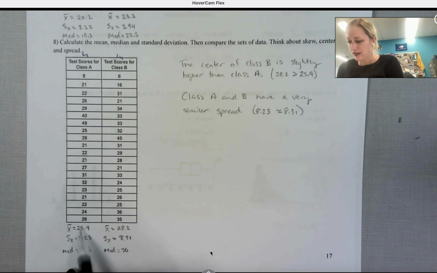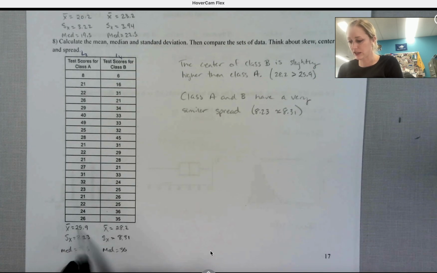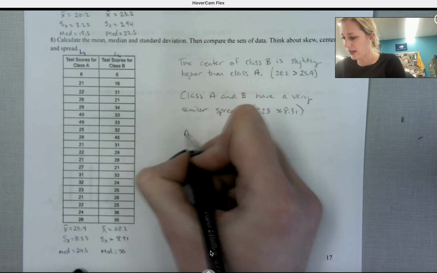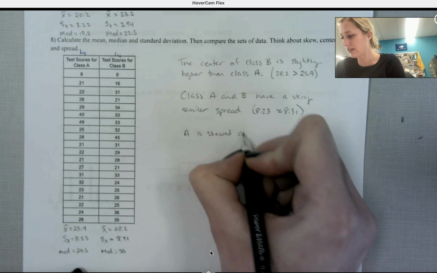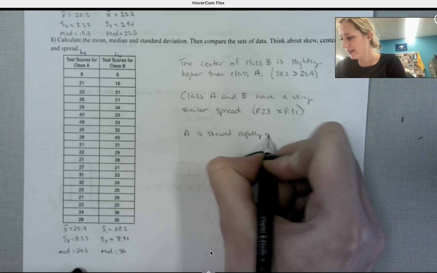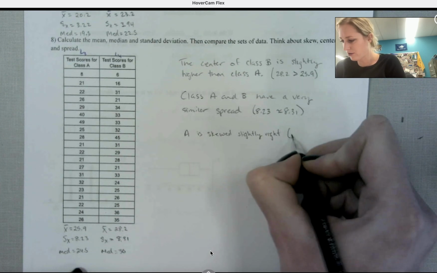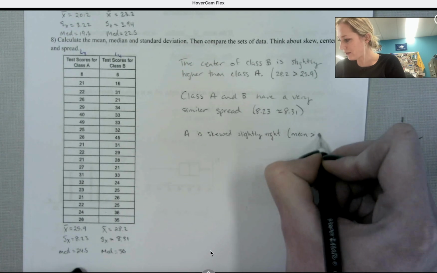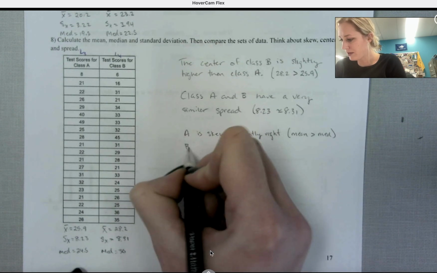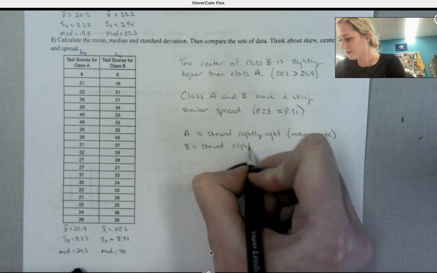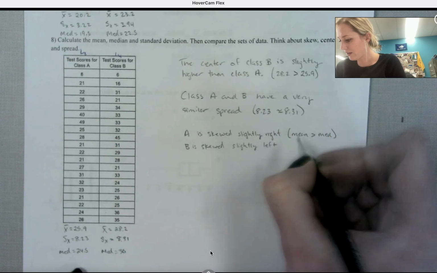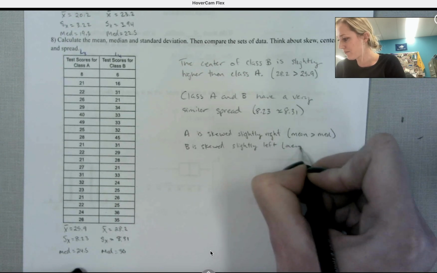So I would say for A is skewed slightly, ever so slightly right, because the mean is greater than the median. And B is skewed slightly left because the mean is less than the median.